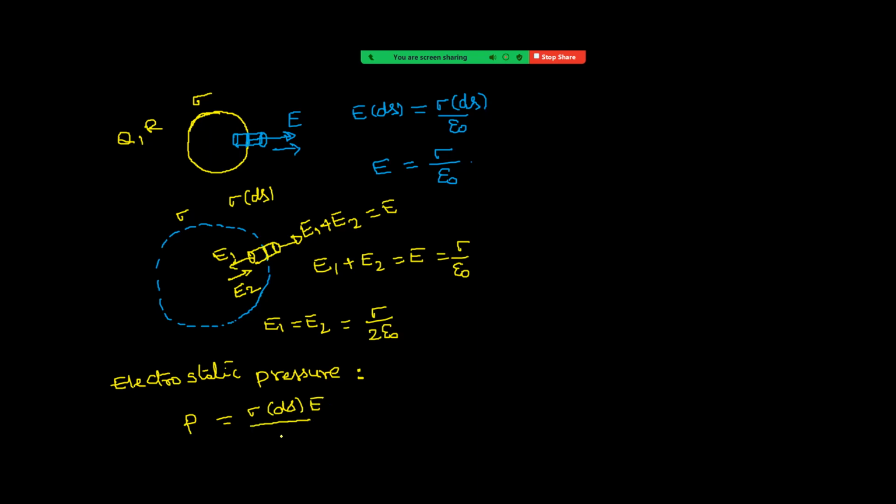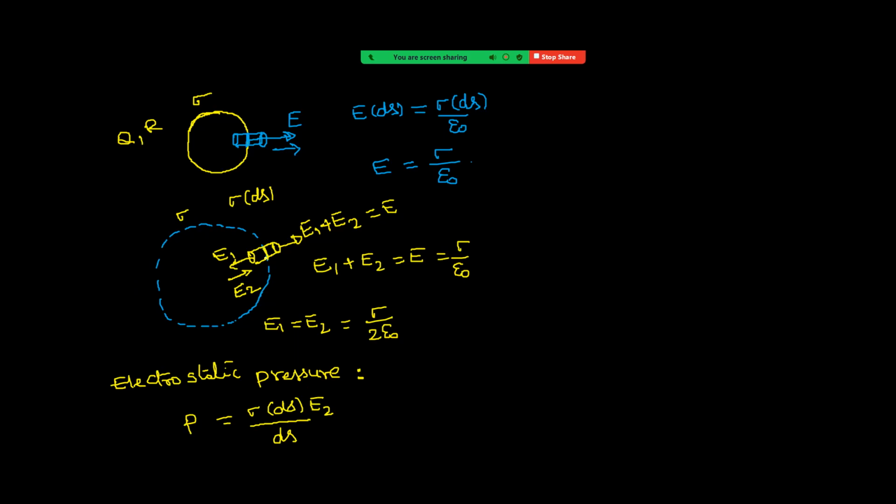That force by area gives pressure, right? I am repeating. We are taking a small part of the surface on the conductor. On this small surface, the charge is sigma into ds. Then the field at this location is E2, because of the remaining part of the conductor.